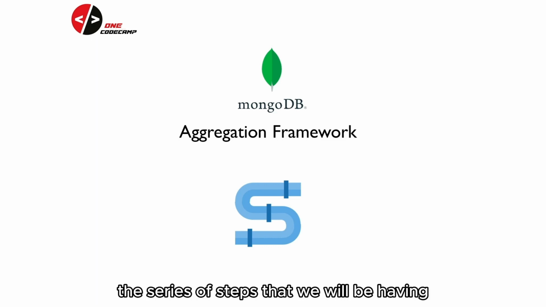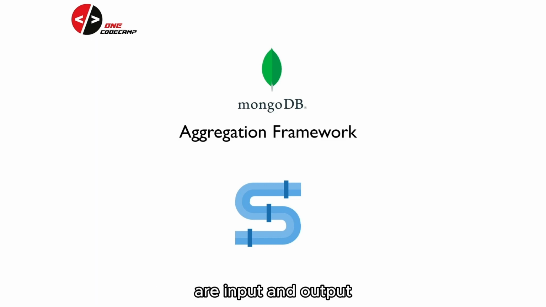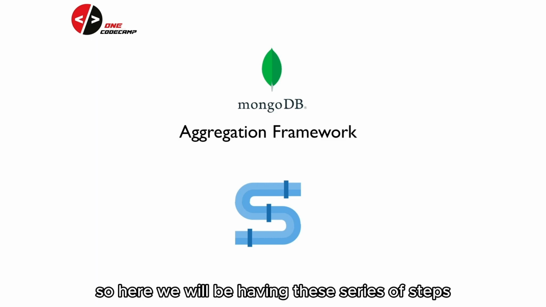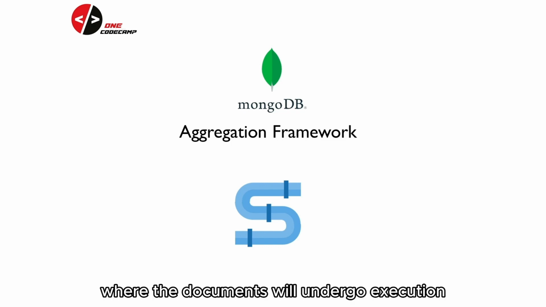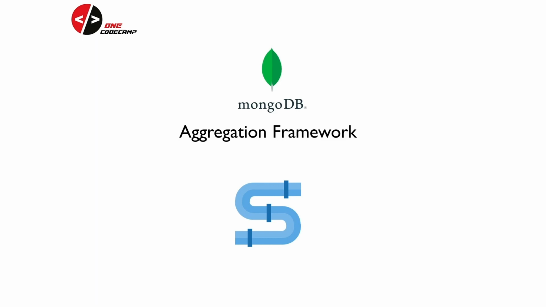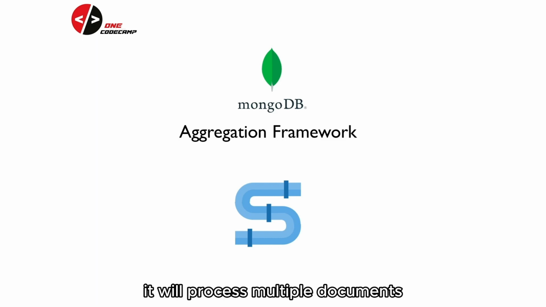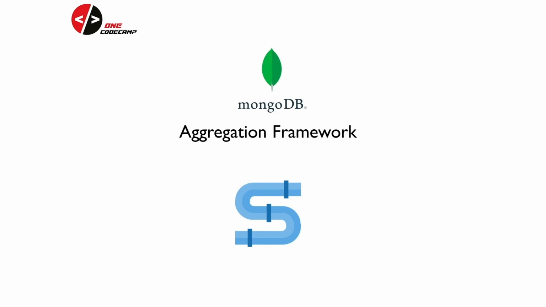The series of steps that we will be having are input and output. So here, the documents will undergo execution of the series of steps. It will process multiple documents and will give us an output, returning us the computed results.